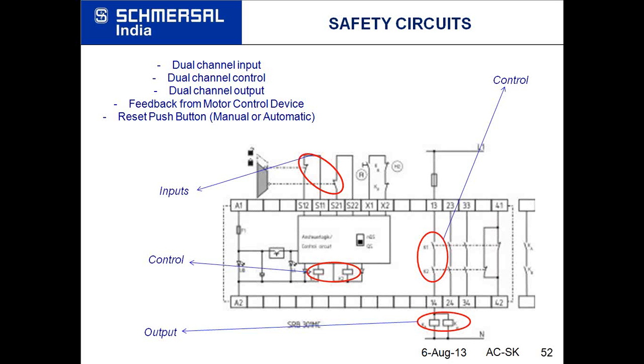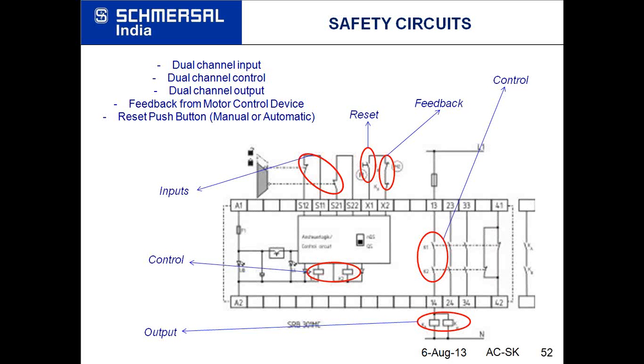Then we also have feedback from the contactor of the motor. This feedback ensures that if the contactor or the drive of the motor has failed, the system would not restart. It also ensures there is a reset in the system, and this reset can be manual or automatic, depending on the requirement of the risk assessment.